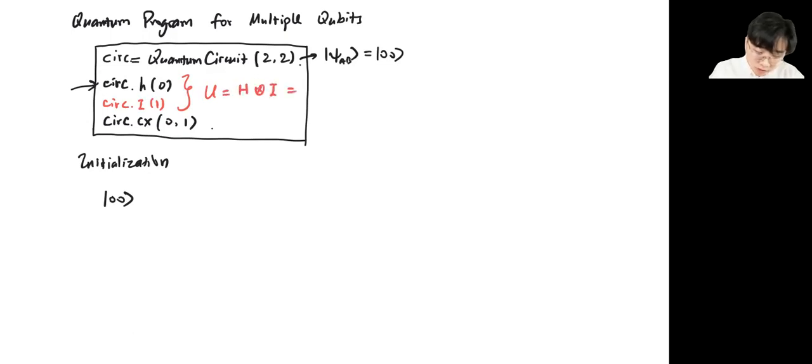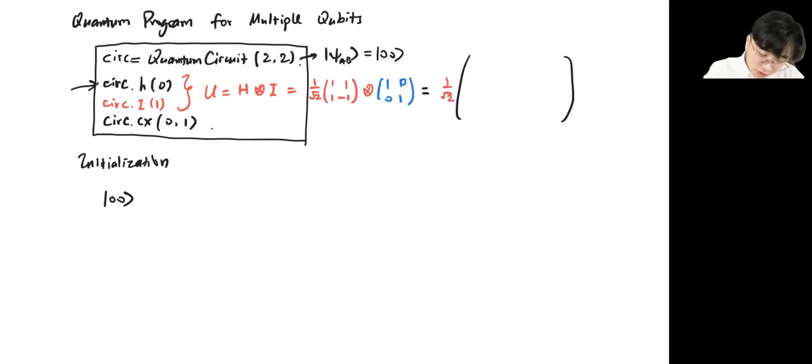So let's now take a look at what is the tensor product of two gates. You can write down the Hadamard gate first, and it will be tensored with the identity. As a result, we have the 1 over root 2 factor on a 4 by 4 matrix. We break the Hadamard gate up into 4 blocks.